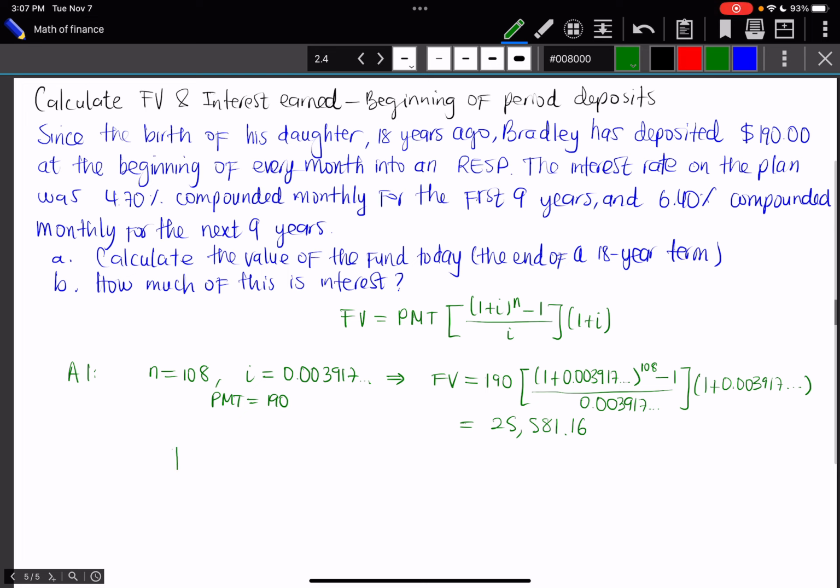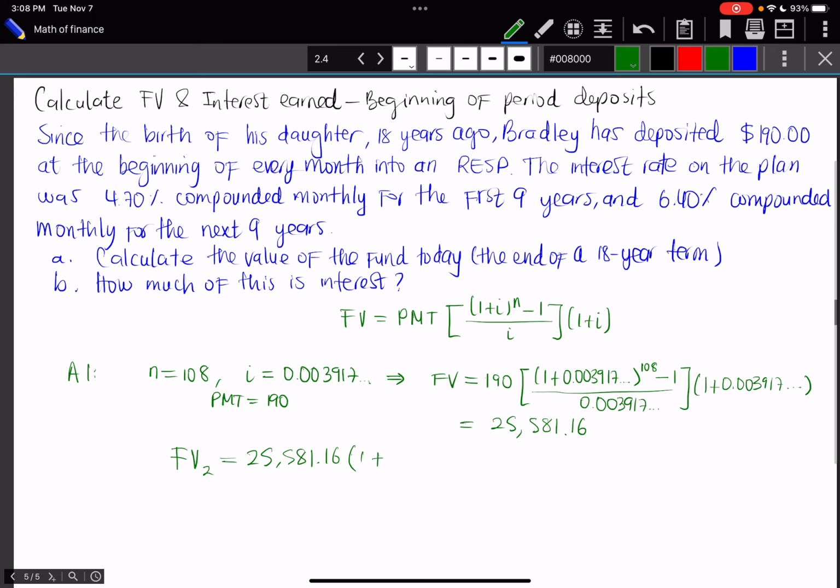So the future value of the future value we just found is computed by doing $25,581.16, that will accumulate some interest for the 9 years that follow.